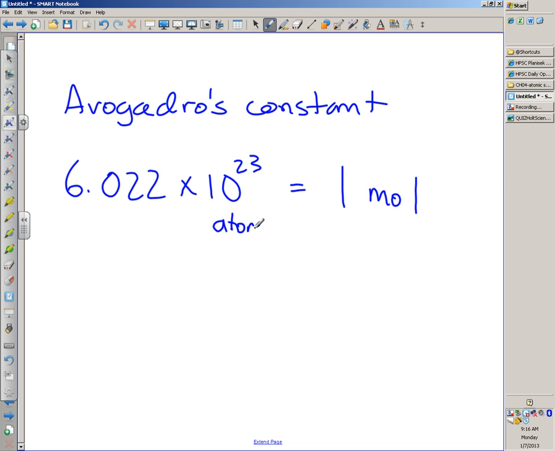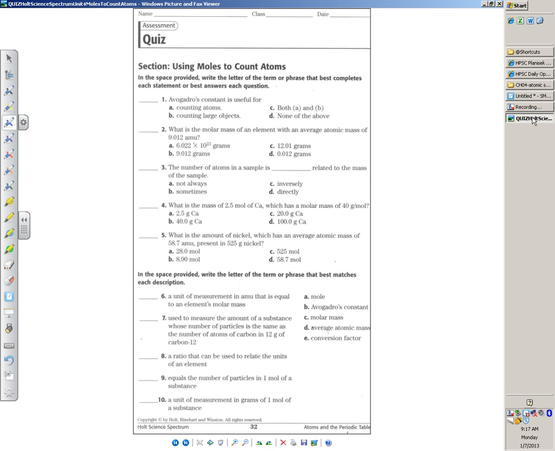Not that there are only 6.022 times 10 to the 23rd atoms in 1 mole. There's 6.022 times 10 to the 23rd anything in 1 mole, but usually we use it for atoms because they're so small. Does that make sense as far as the answer to that question? Avogadro's constant is good for counting atoms because it's a big, big, big number. Does that make sense? Okay.